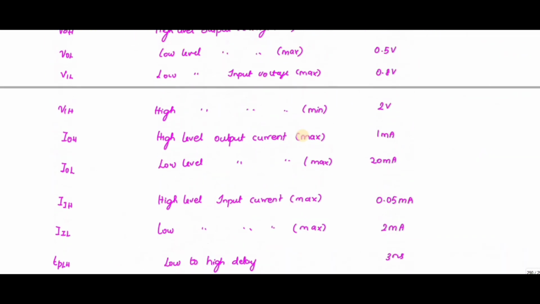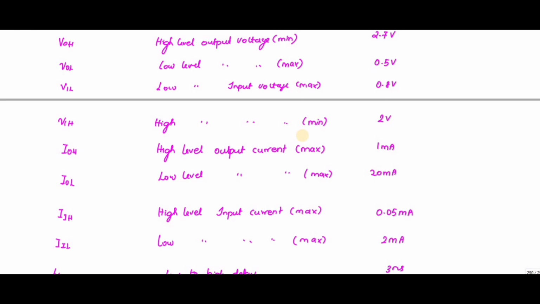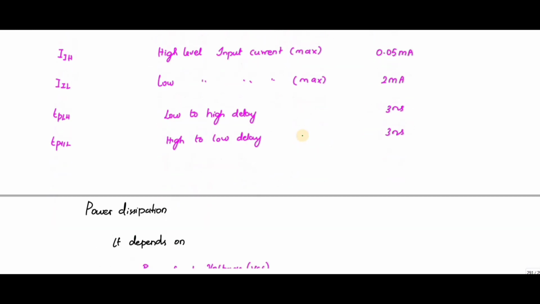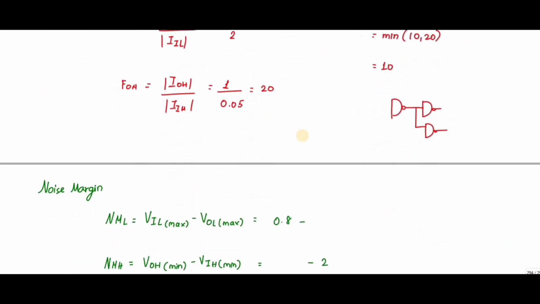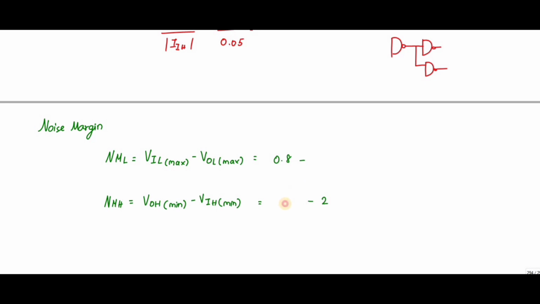VOH is 2.7 and VOL is 0.5. So this is 0.3 and this is 0.7.